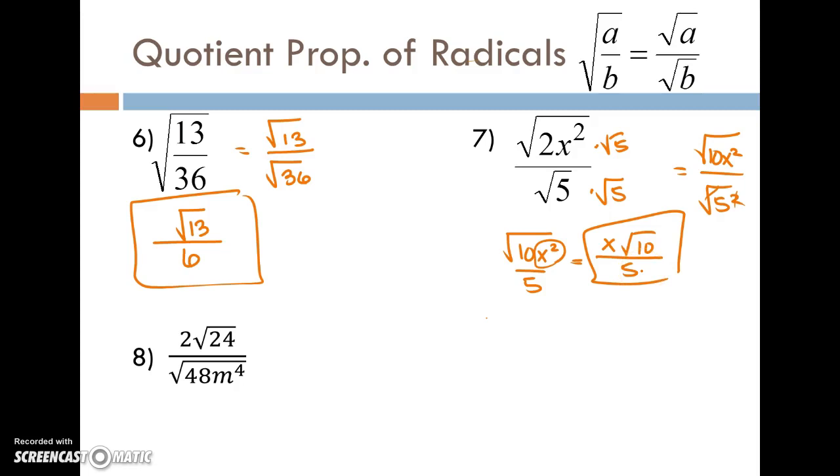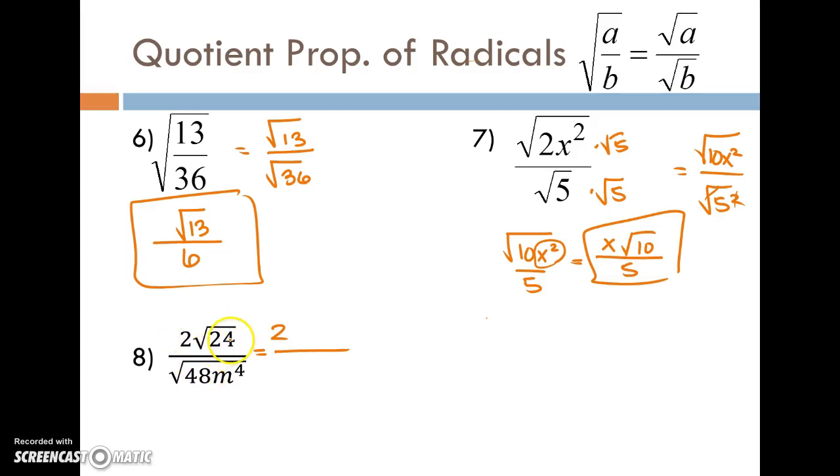Okay, looking at your next and final example on this part, you have a couple of options. Just like for the previous problem, you can only multiply what's on the insides with what's on the insides and what's on the outsides with what's on the outsides. But I'm looking at this 24 and this 48, and I feel like I could reduce that.